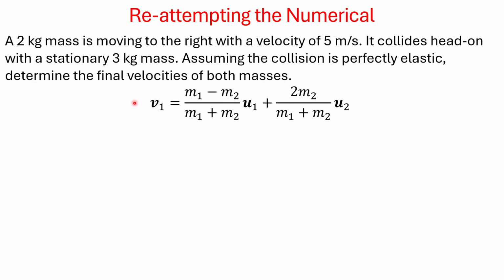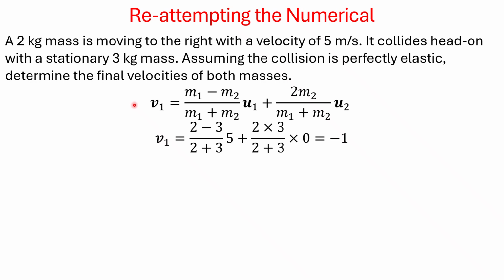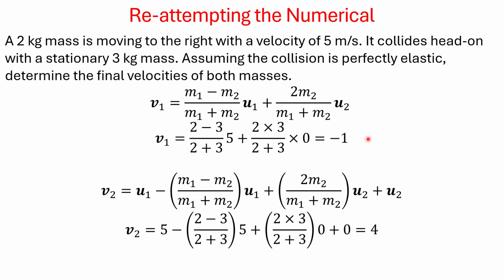So just now we have derived this formula wherein we are going to substitute m1 is equal to 2, m2 is equal to 3, and u1 is equal to 5, u2 is equal to 0. This leads to v1 equal to minus 1, and the second formula also we can explore to obtain v2 is equal to 4.